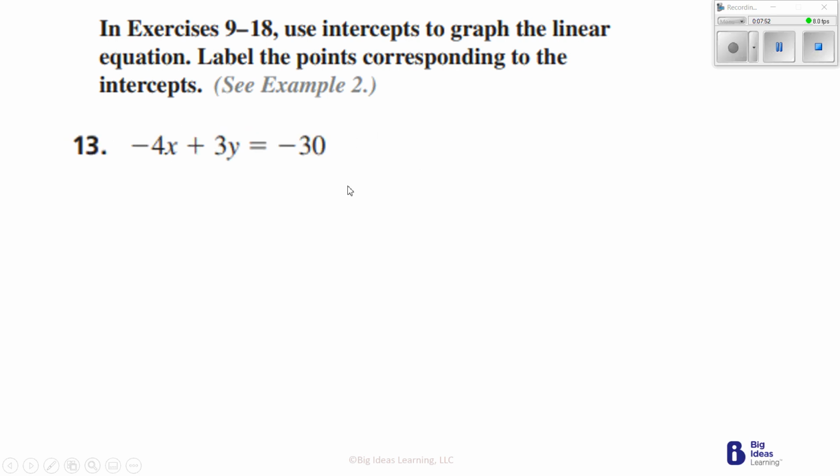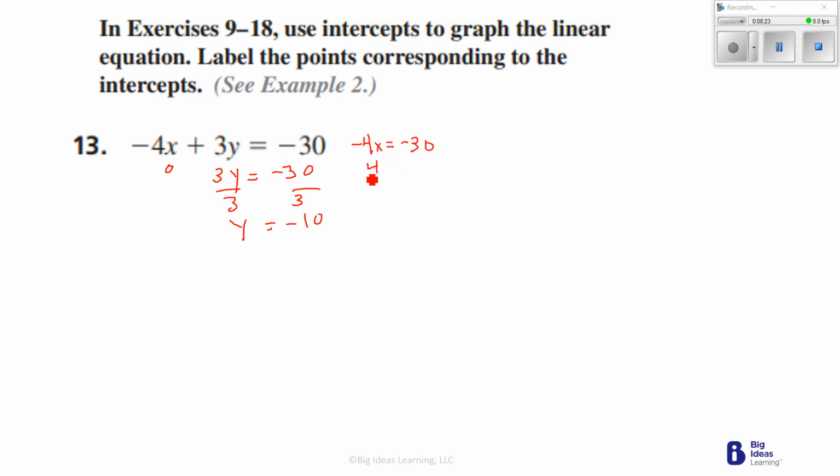That's yours to do. Number 13 is mine to do. If I solve this one again, if I put x is 0, that's going to give me 3y is equal to negative 30, which means I'll divide by 3. This gives me y equals negative 10. I'll also have, when I put y to 0, negative 4x is equal to negative 30.